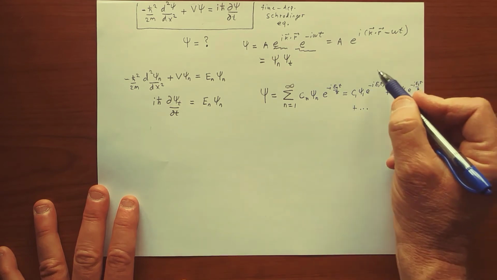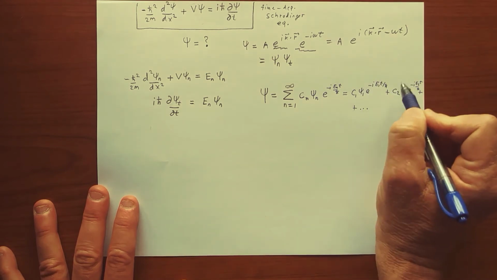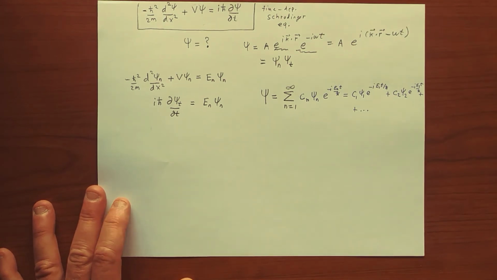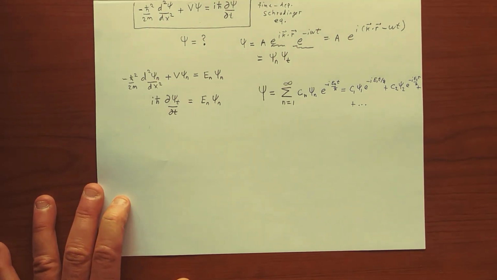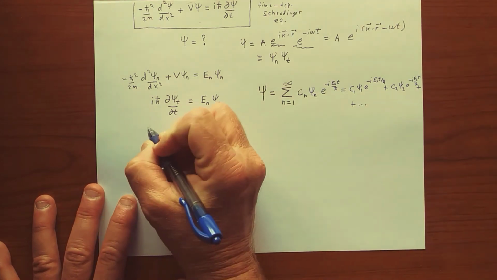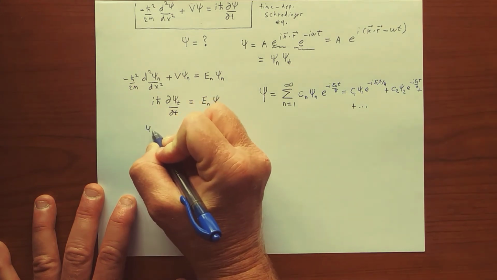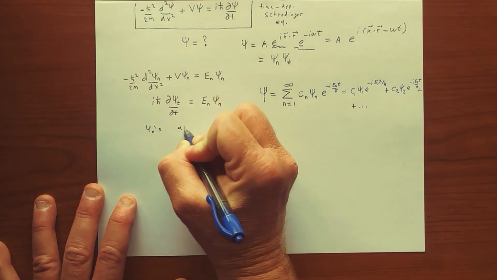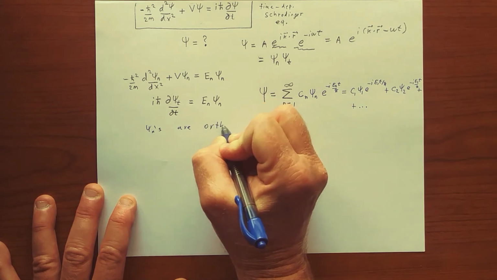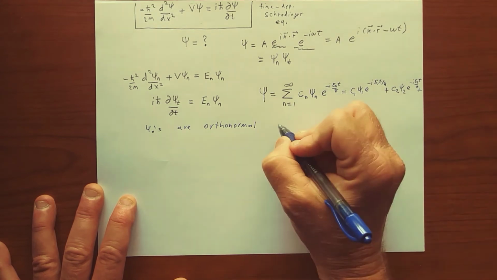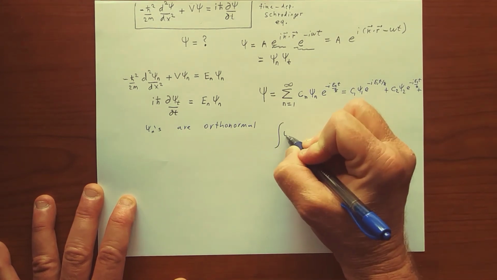and the point of this solution is that we can think of it as the solution for a vector written in terms of a certain basis. And so there are some properties here. So the psi n's are orthonormal, which mathematically looks like this.